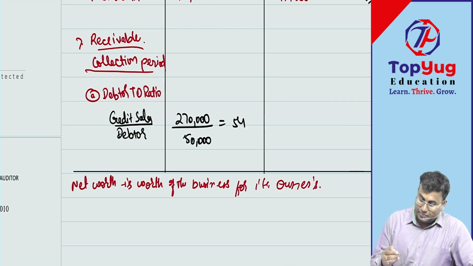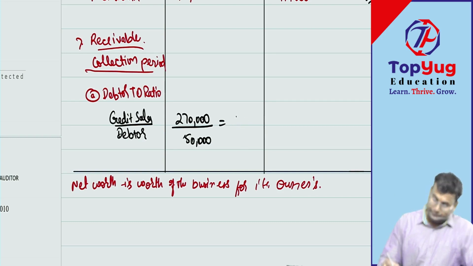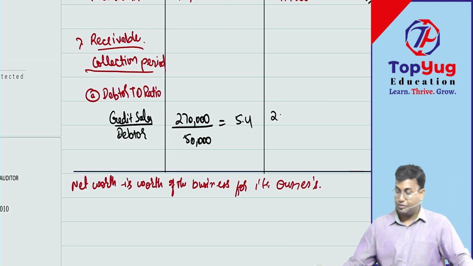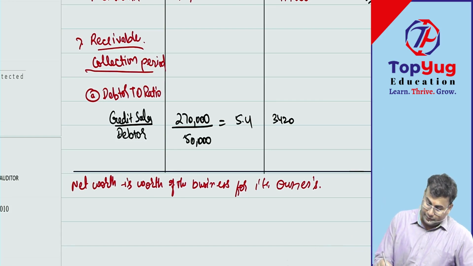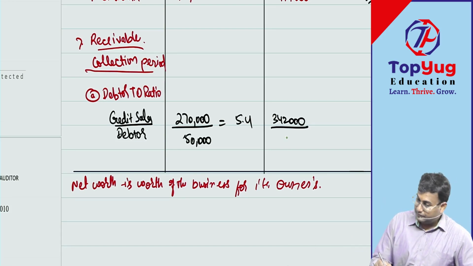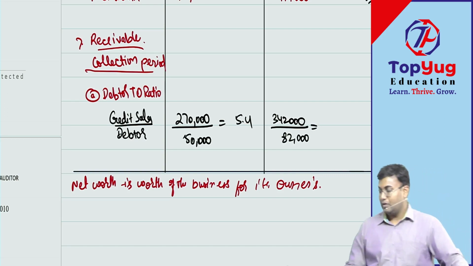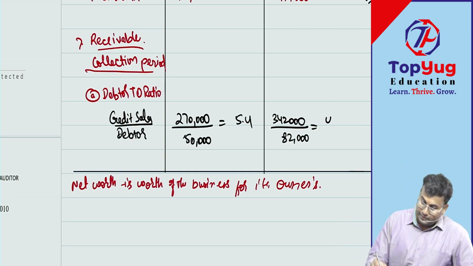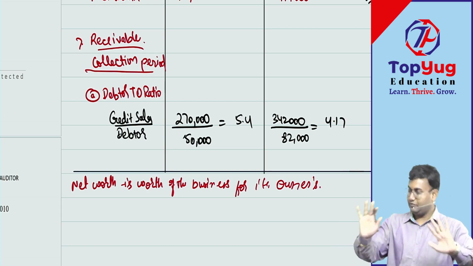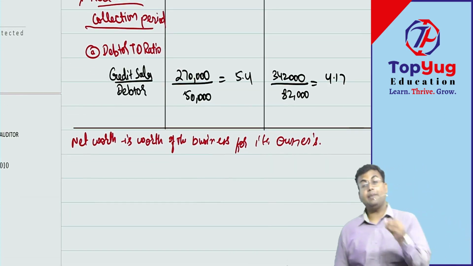Similarly for next year also, please tell me. 2 lakh, how much? How much is it? 4 point something. Okay, this has come. Now tell me what this means.